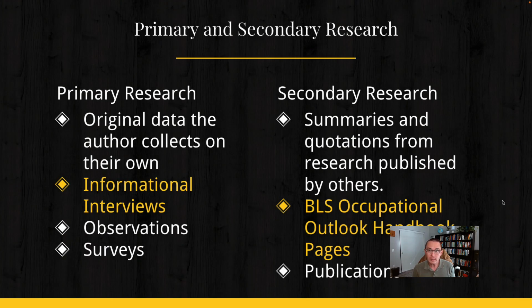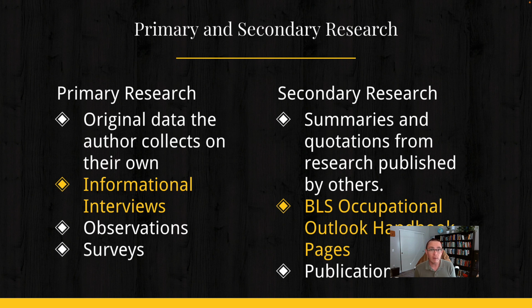So first, just to differentiate a little bit, there's two different types of research that you might do for a research project like this one. In this video, we're going to focus on secondary research types, which are here on the right-hand side of the screen. Secondary research just means any type of research that uses sources that are developed by other researchers or other authors.